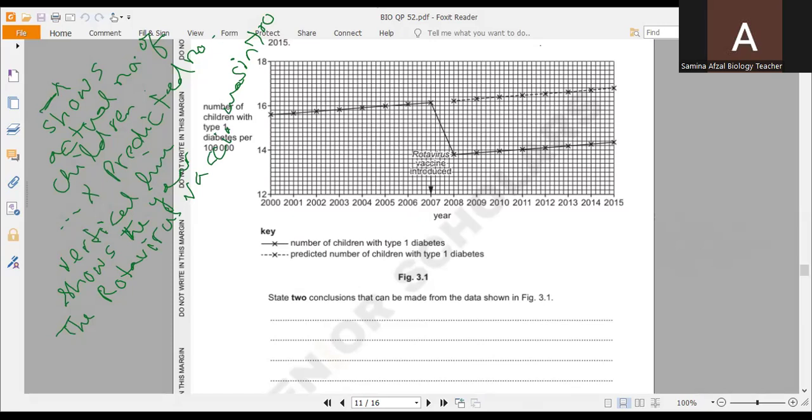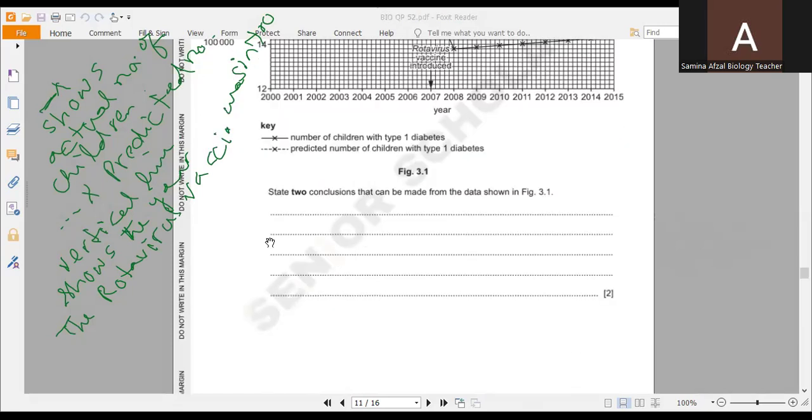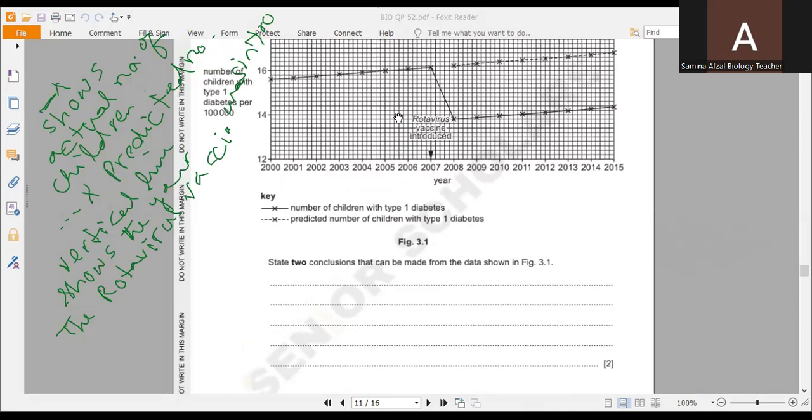Now, the question, after this explanation about the graph: state two conclusions that can be made from the data shown in figure 3.1. So there should be two conclusions. First of all, I would like to move to the first conclusion.